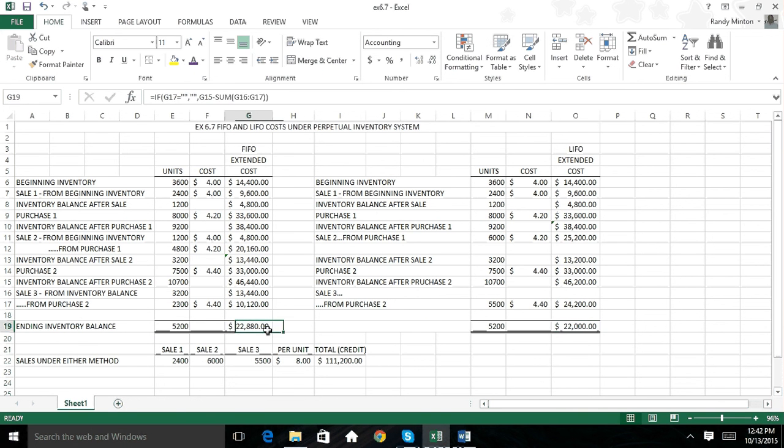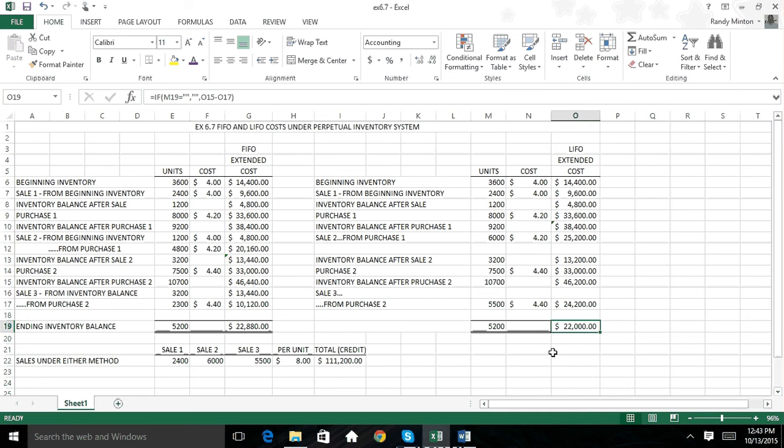Now, let's talk very quickly about what this means. This is your ending inventory. Okay? So, other things equal, the higher the ending inventory, the higher the profit, the gross profit. The lower the ending inventory, the lower the gross profit, and eventually net profit.